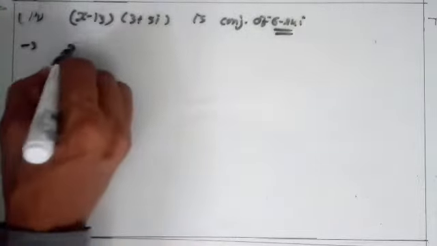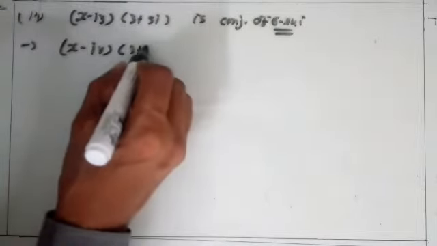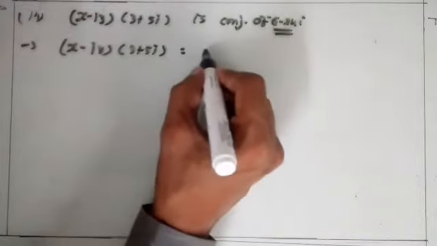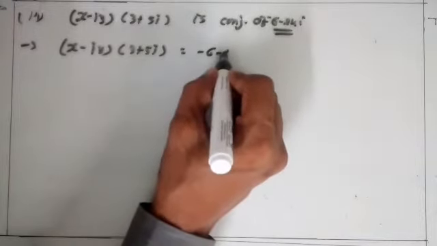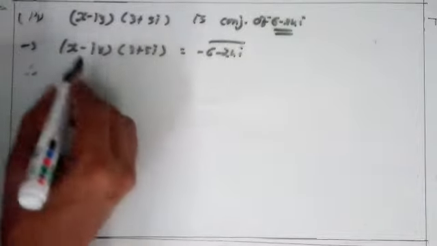Here given that x minus iy and 3 plus 5i is a conjugate of minus 6 minus 24i, conjugate of this. Now simplify this.